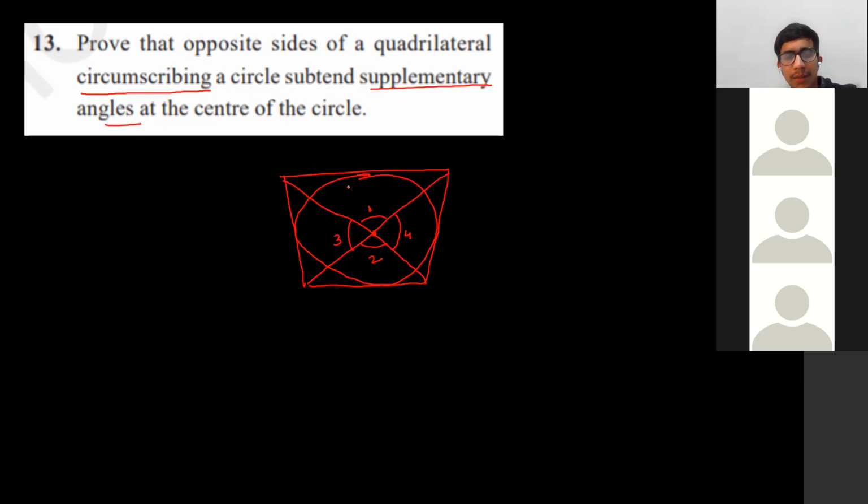So this is the quadrilateral and this is the circle. The opposite sides are this and this. So you have to prove that angle 1 plus angle 2 is equal to 180.